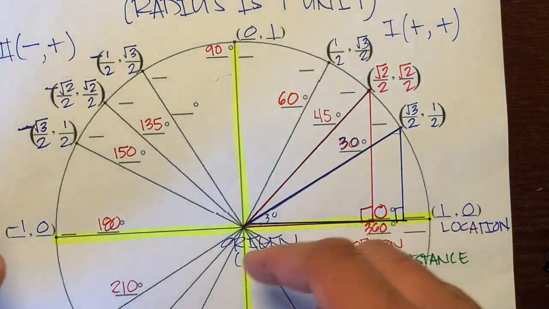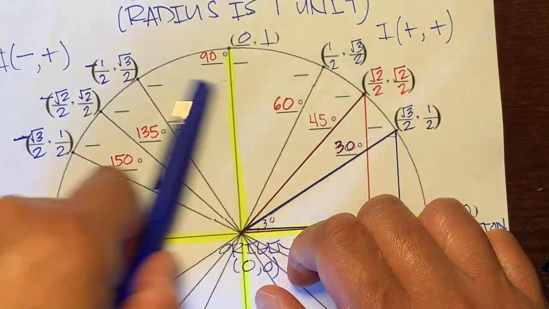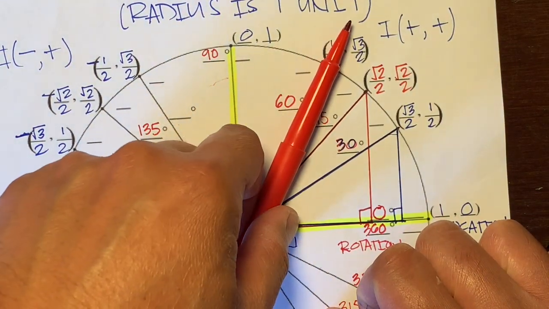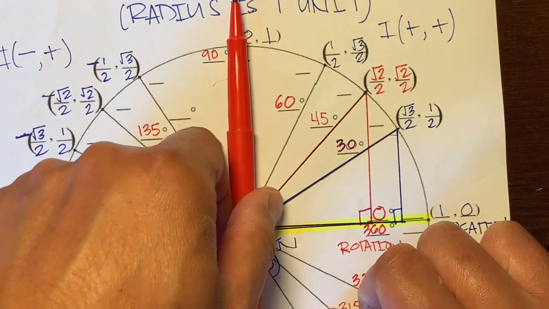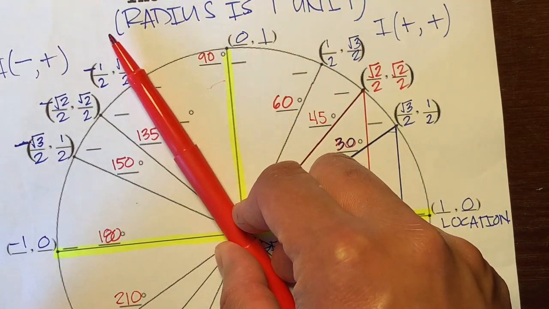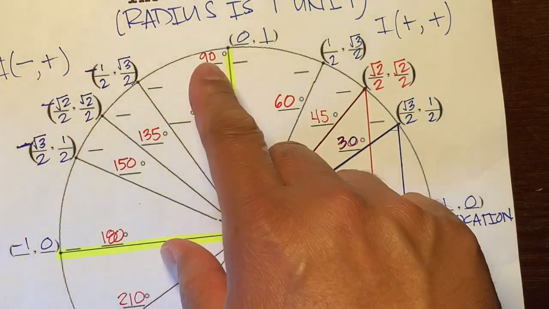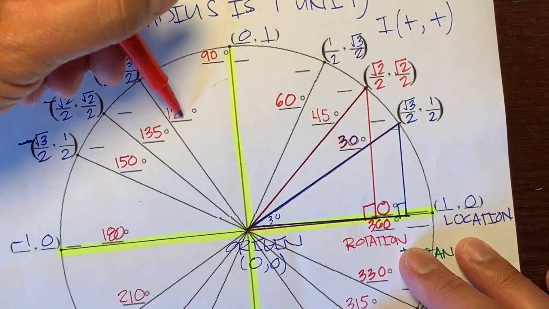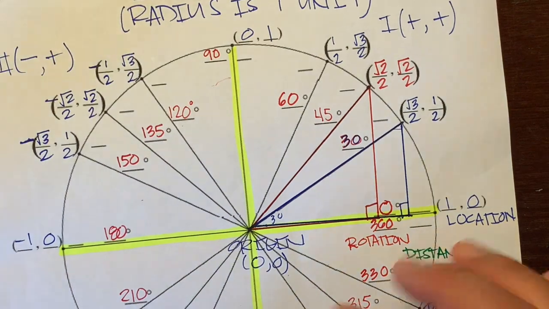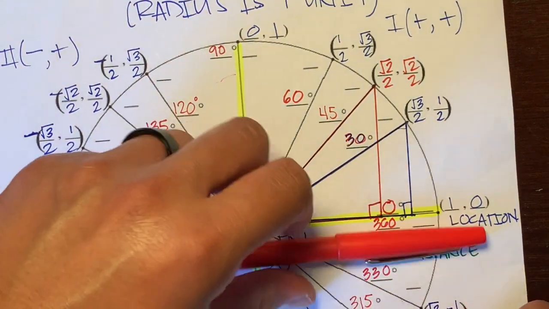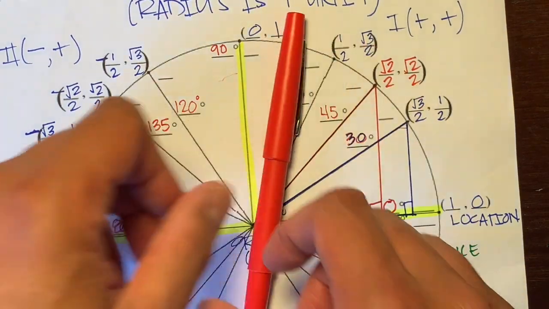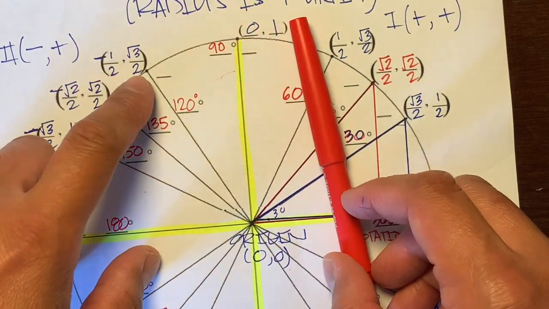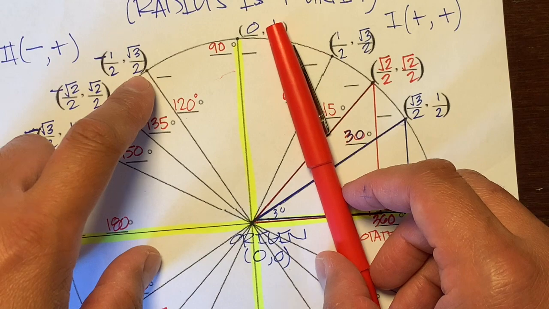And if we want to get the rotation, this is a 60 degree angle and it's 30 degrees away from this 90. So we're going to move another 30 degrees this way. And so 30 plus 90 is 120 degrees. So there's the rotation. If we went from 0 and rotated 120 degrees, we would land on negative 1/2, radical 3/2.